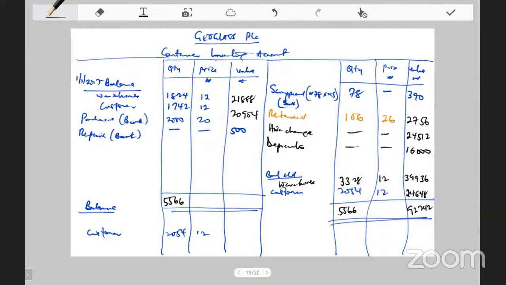Okay, tell me what will be the balancing figure. So how do you get 16,000? 16,000 is the amount that we have for the depreciation.